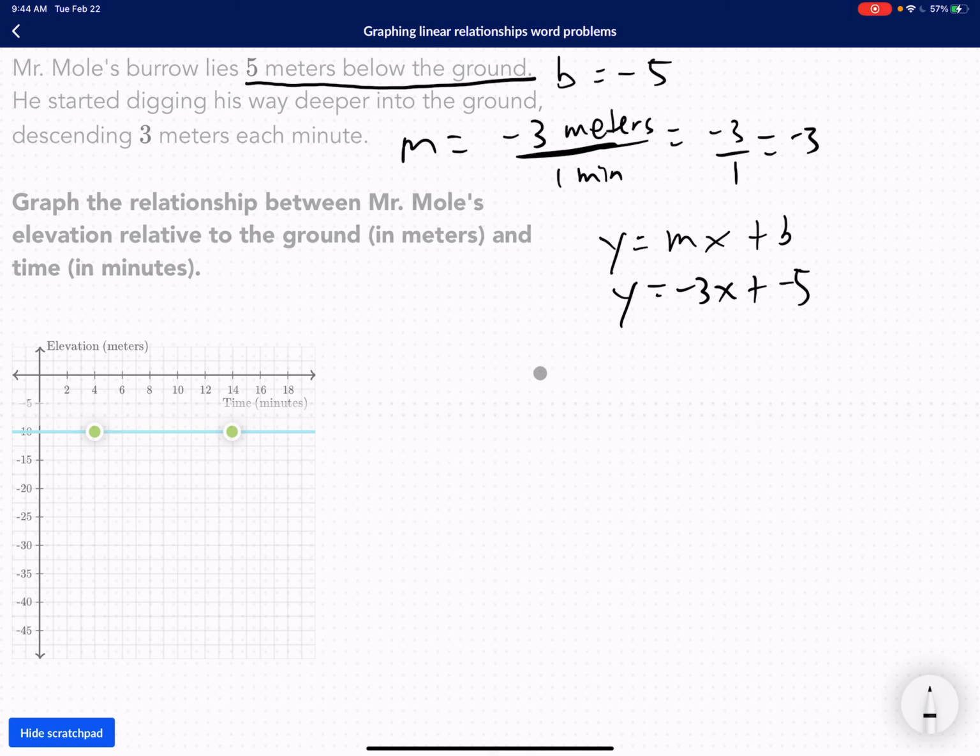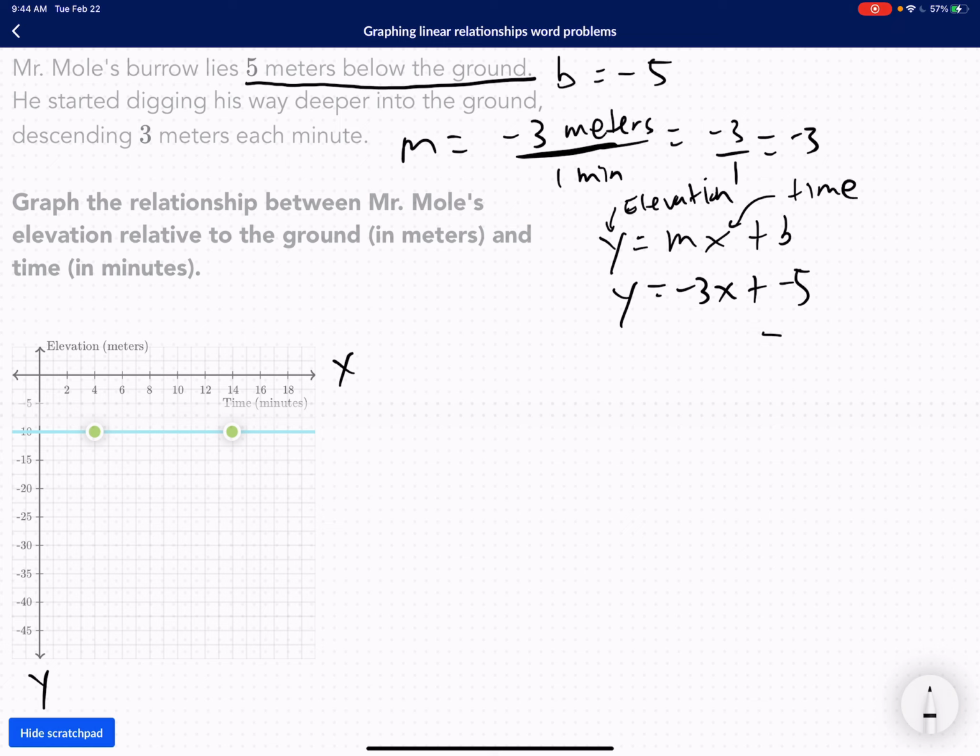Now let's go ahead and find the value for, I don't know, 10. I think that might make it a little bit easier. So x is time. In 10 minutes, what is the elevation? We're trying to find y, which is elevation, and x represents time.